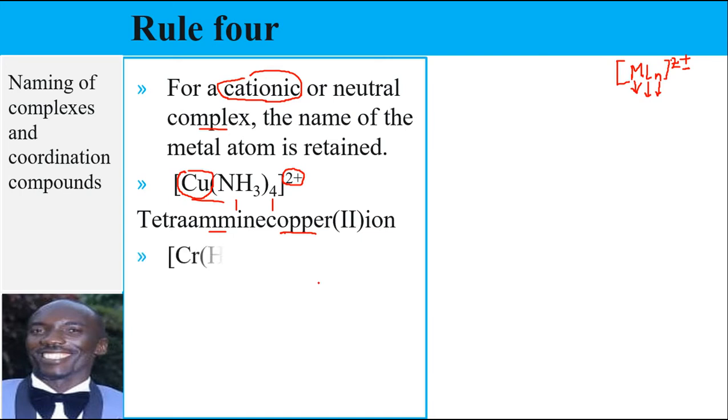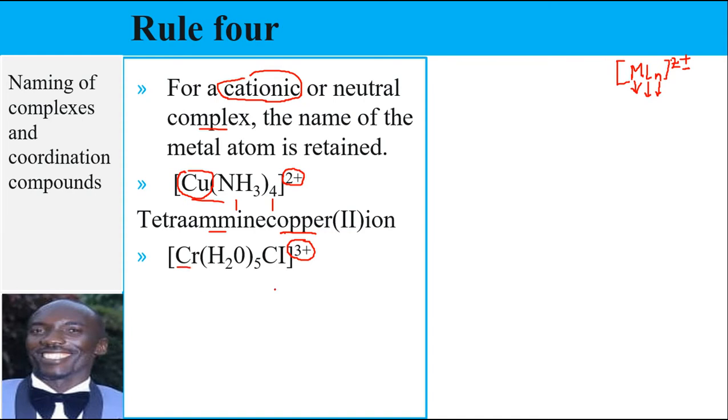Another example, such as the one we looked at above when arranging ligands alphabetically. It also has an overall charge of positive 3. Here we have a metal atom which is chromium, so chromium will retain its name.